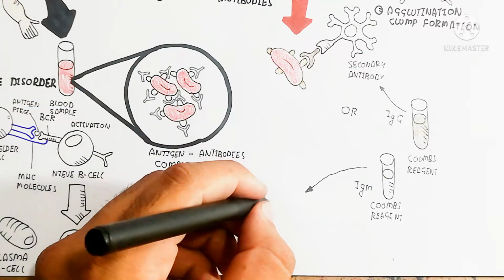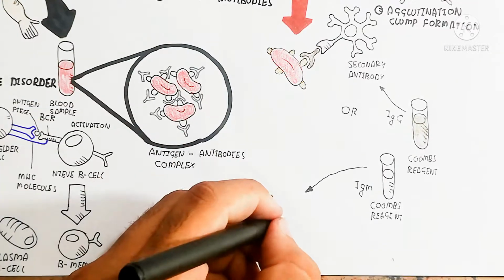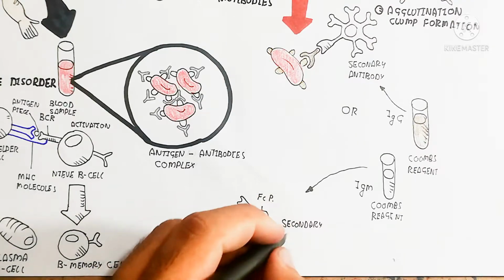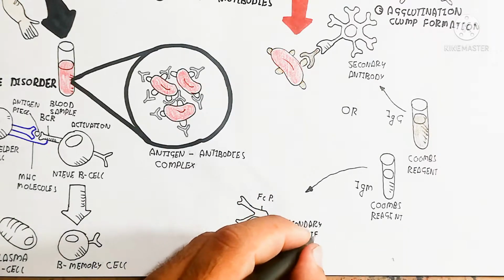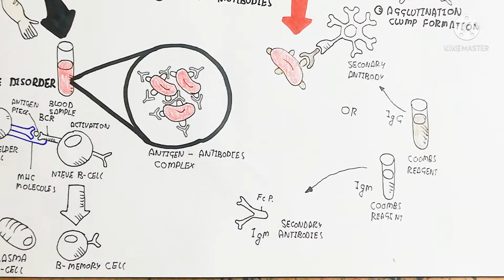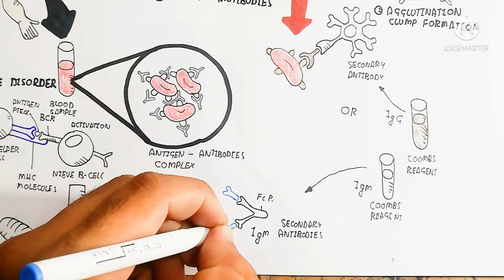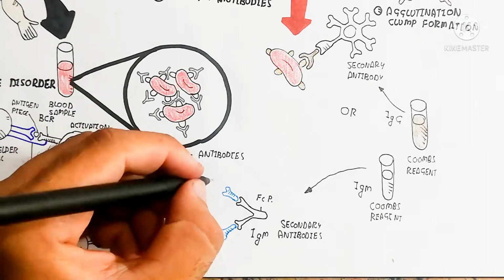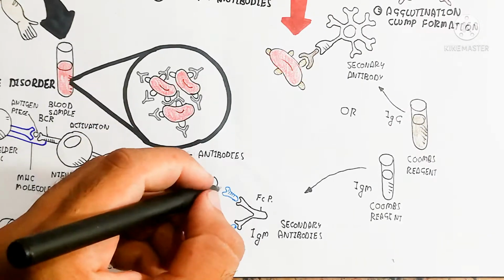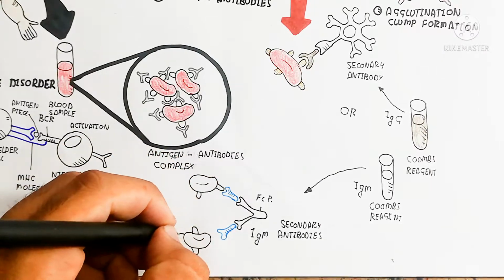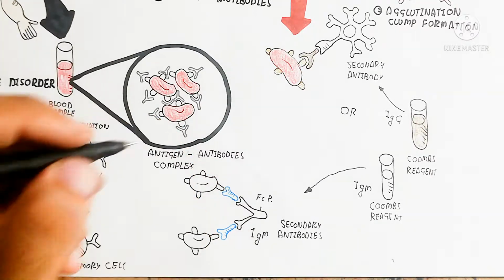This Coombs reagent looks like this. This antibody is the IgM, that is the secondary antibody also here. So when it binds with the antigen antibody complexes of the hemoglobin, the Fc portion of that antibody is attached with the IgM.